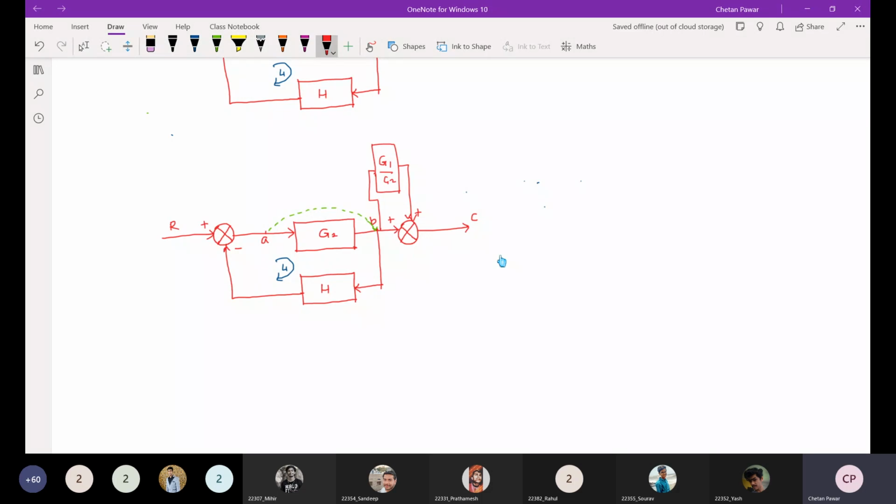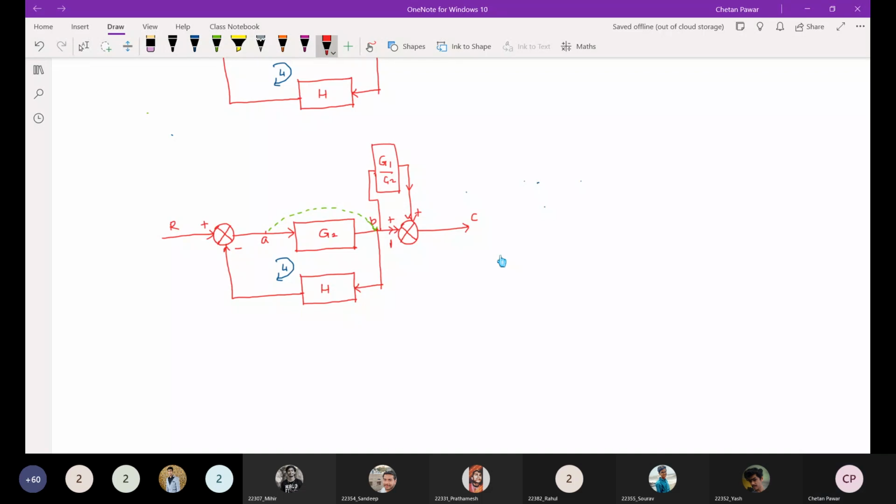Now you tell me, what block diagram reduction technique can we apply here? What will be the resultant block for this particular block? This is 1, when they don't mention anything there, and this is G1 upon G2.